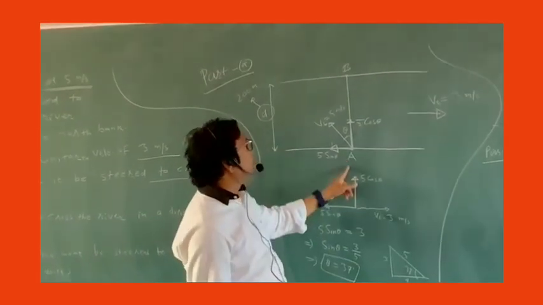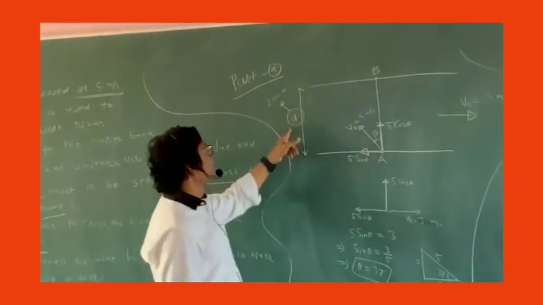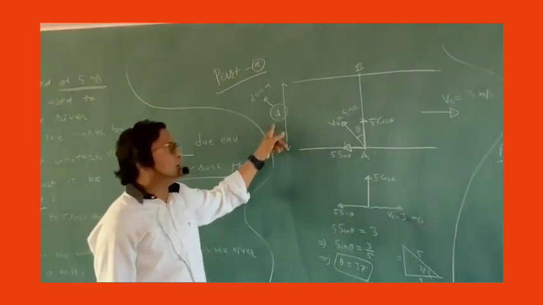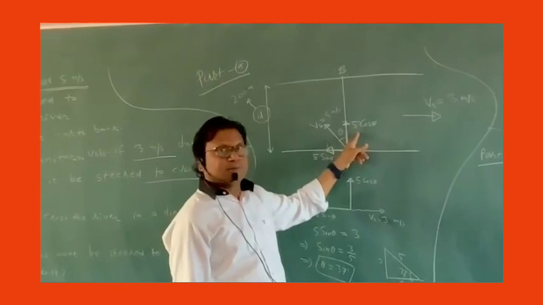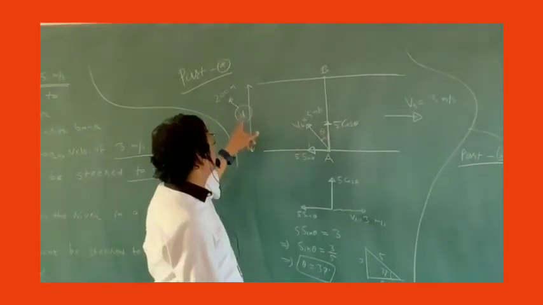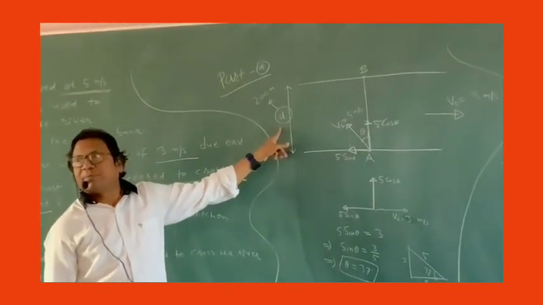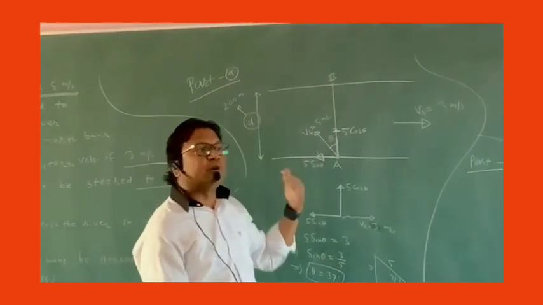So in this direction, what is the distance AB? This is equal to the width of the river, 200, and what is the velocity? This is 5 cos theta. With this velocity, the boat will travel a distance of 200 meter. They are asking time. So time equals distance upon speed.